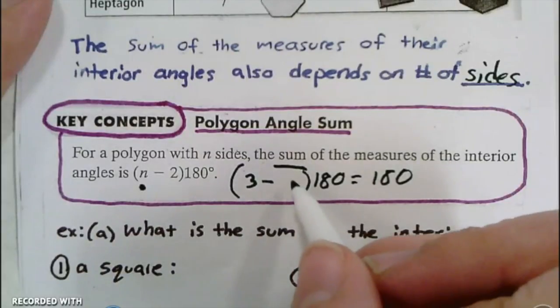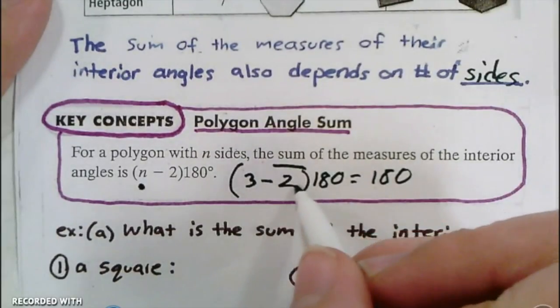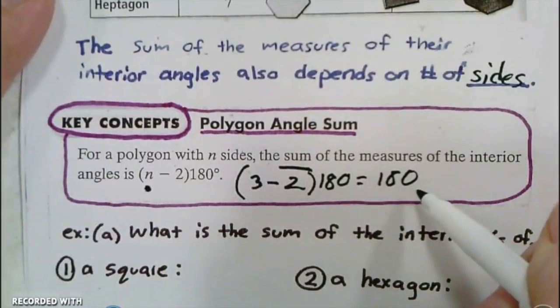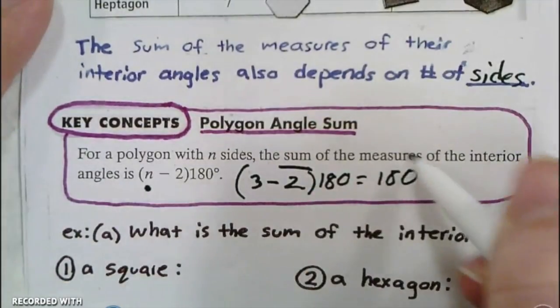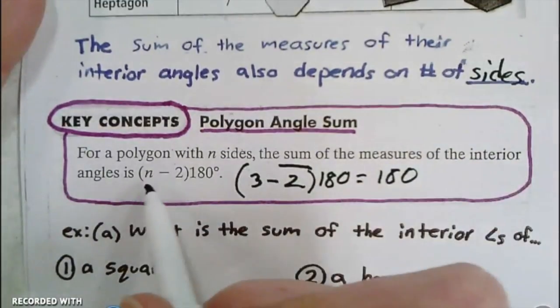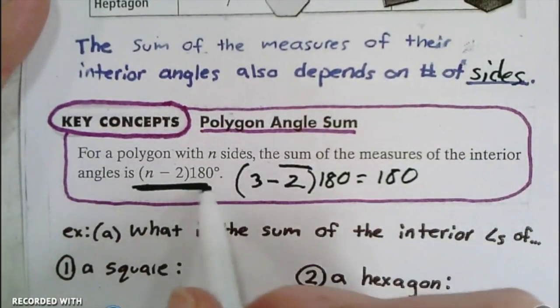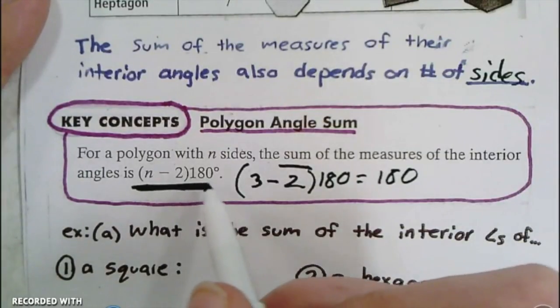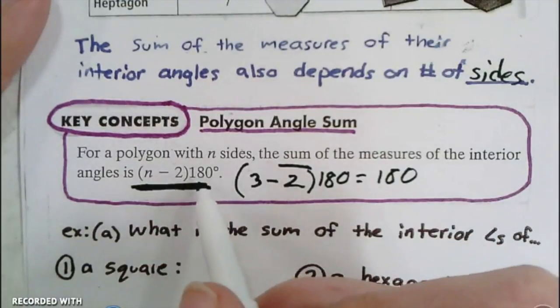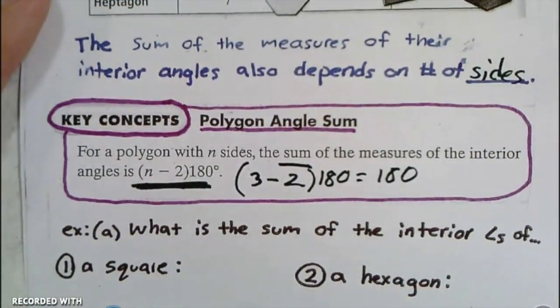Well, I'd want my answer to be 1, so 3 minus 2 would give me 1 times 180 equals 180. You don't need to know this. This is a trick to help you remember what this formula is if you get stuck. Just think of a triangle. 3 sides minus 2 sides is 1 times 180 equals 180.